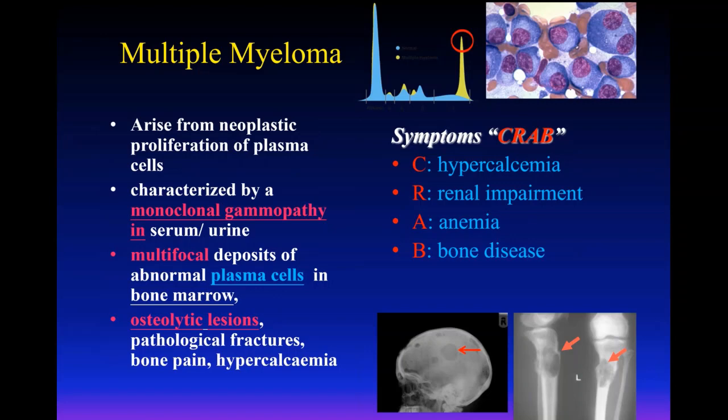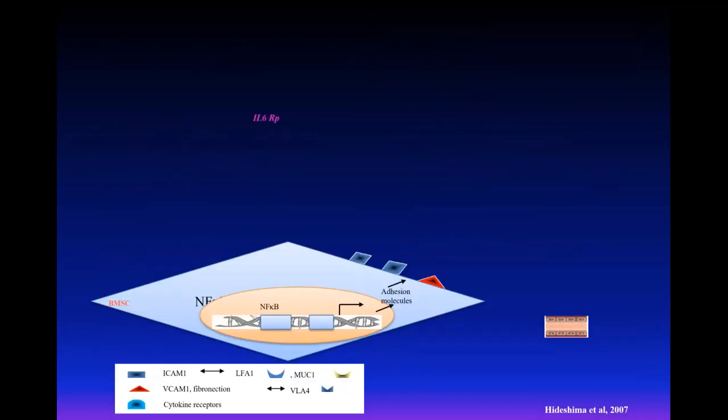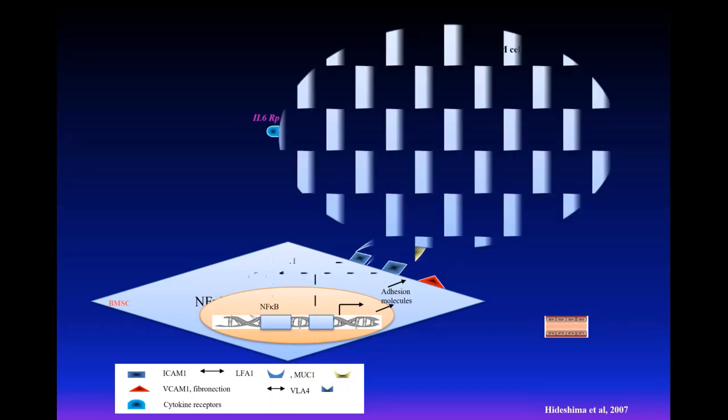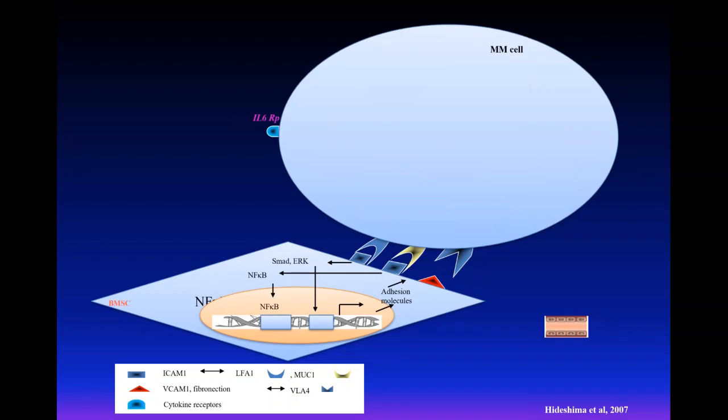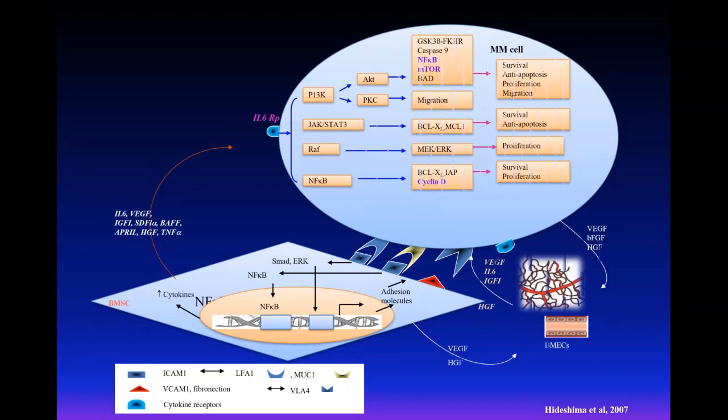As for the pathogenesis of the disease, we understand that the mass of plasma cells arises from immortalization of the post-germinal center B cell. After immortalization, the cells home to the bone marrow, bind to the stroma, and cytokines are secreted that bind to common receptors of the plasma cells and activate a number of signaling pathways that confer survival and proliferation advantage to the plasma cells.